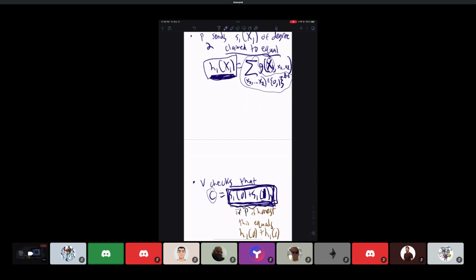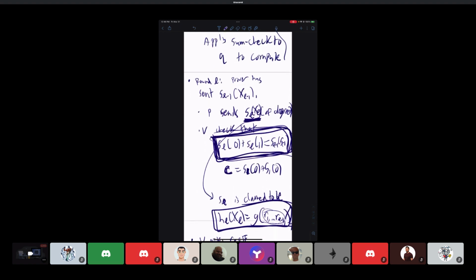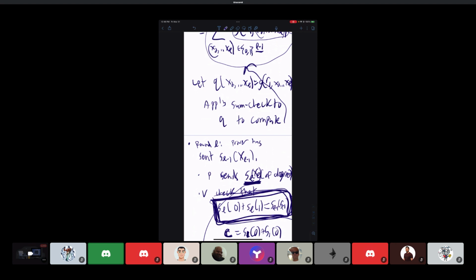But the way I did it here lends extra parallels with how I describe future rounds. In future rounds, I have to tell you what claim the prover left off with in the previous round. Conceptually, what the verifier is checking at the start of round L, for example, is that SL minus 1 of RL minus 1 equals HL minus 1 of RL minus 1.